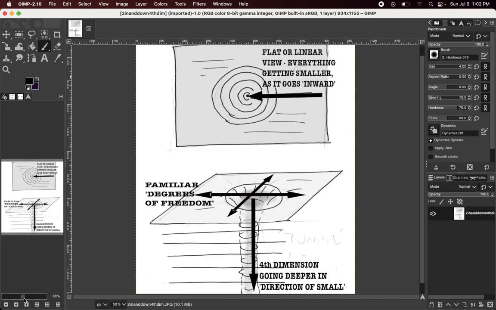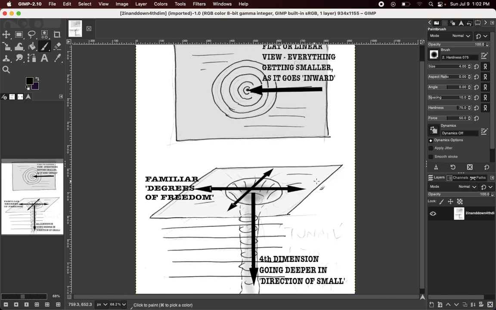So the idea is that, take a brush, we can be going in, so say, let's make some circles here. And it's like up here, so we're going in, smaller and smaller, right?